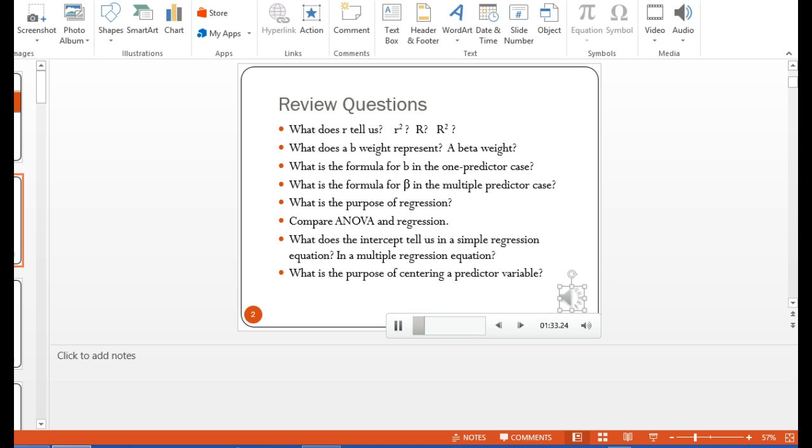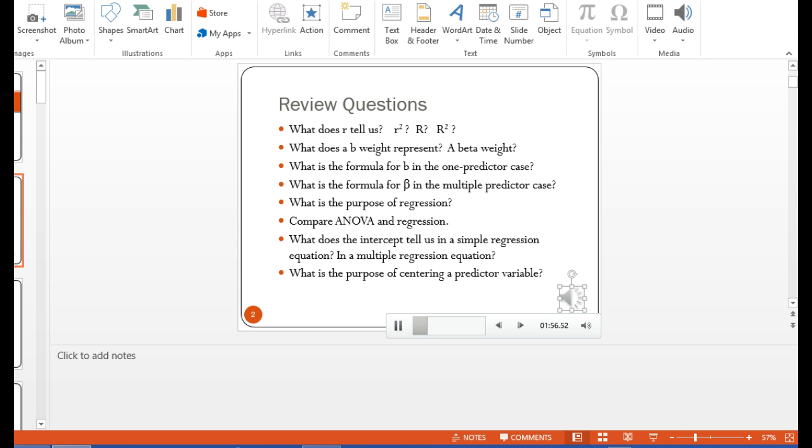The second one: what does the B weight represent, and the beta weight? What they both have in common is that they're a measure of the slope of the best fitting line. The B weight is the unstandardized slope, or the raw unit. So as we move a 1 unit increase in a predictor, what do we expect the DV to do? How do we expect it to change?